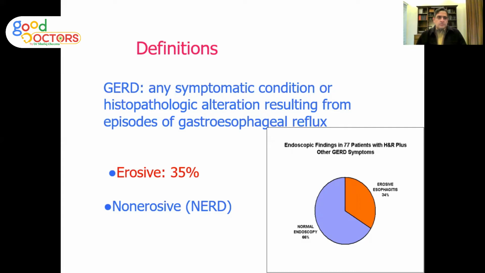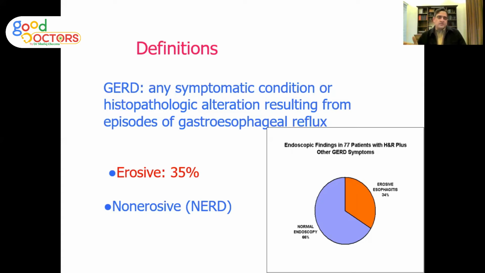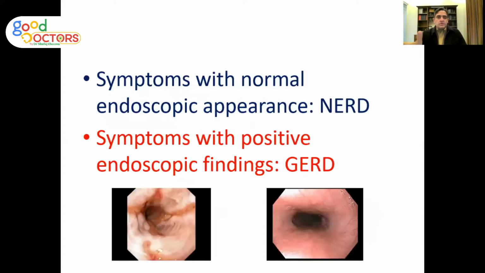The majority of patients who present with symptoms of gastroesophageal reflux disease don't have much in the way of findings on endoscopy, so they are labeled as non-erosive reflux disease. Those who have erosions or ulcerations on endoscopy are the typical cases of gastroesophageal reflux disease. But you can understand that this differentiation of GERD and NERD is only possible after endoscopy, not before that, because symptomatically they are going to be the same patients.